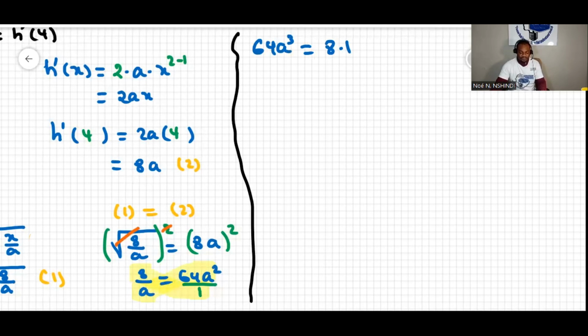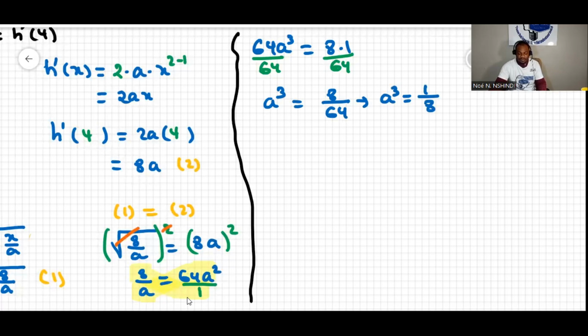Now, to find the value of a, I divide by 64 on both sides, and then I am left with a to the power of 3 equal to 8 over 64, which is 1 over 8.